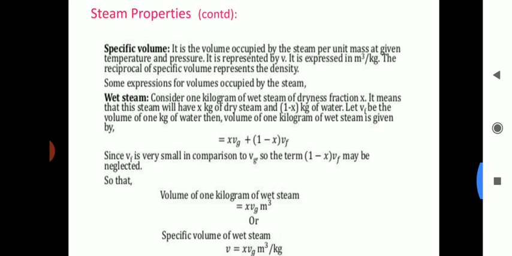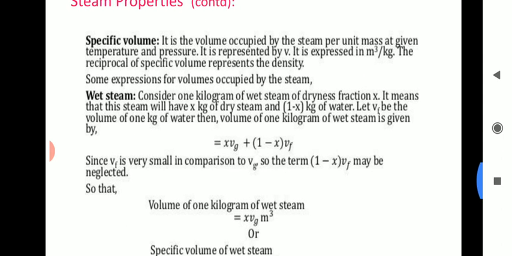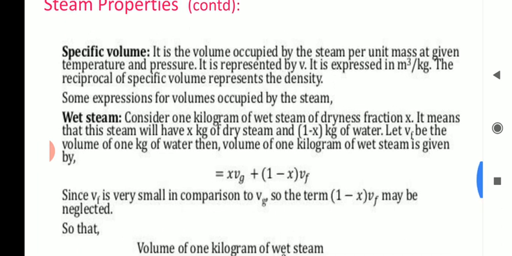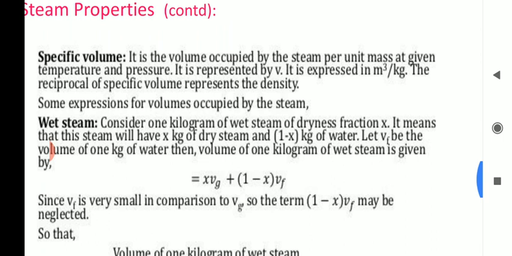Then we'll continue with the other properties, that is specific volume. Specific volume is the volume occupied by the unit mass of the steam at a given temperature and pressure.